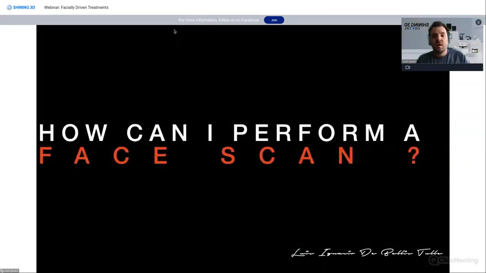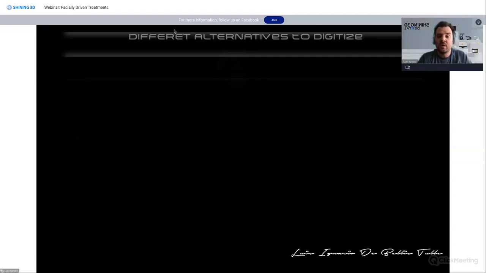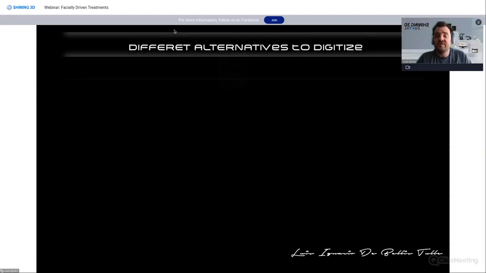So how can I perform a face scan? And here is where we will start trying to jump that chasm, and I'm going to try to help you not fall into that chasm. So there are different alternatives to digitize.